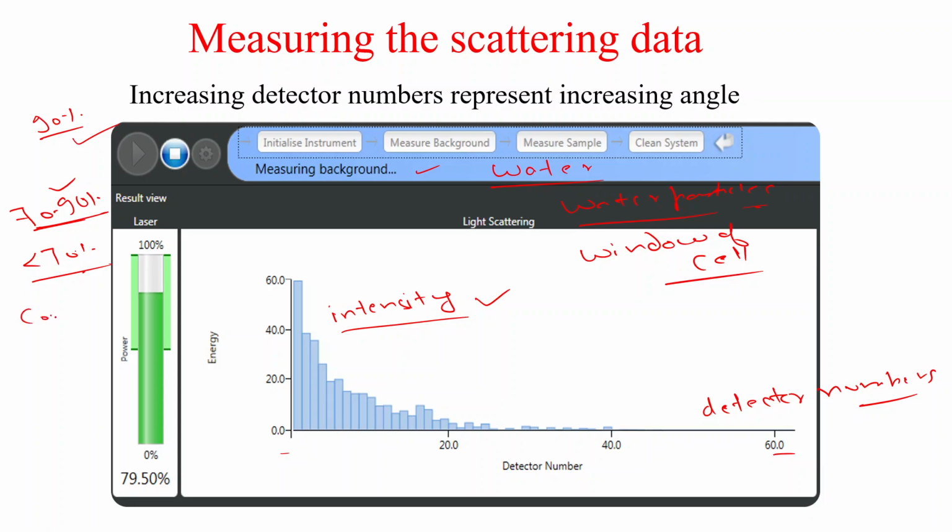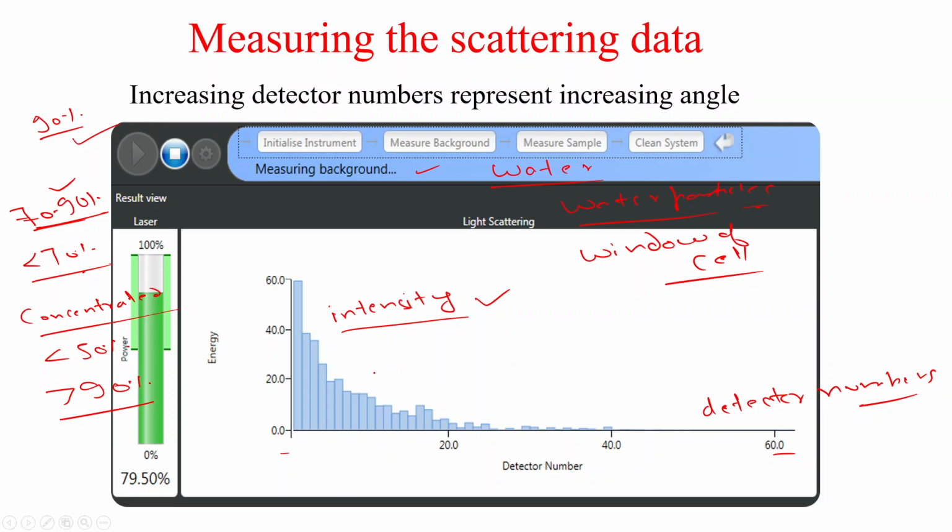Although if the solution is more concentrated, we can keep it even less than 50%, and if the solution is more diluted, we can increase the intensity to 90%, so we have to optimize. Otherwise, for most samples we keep the laser power at 70 to 90%, so as not to saturate the detector and also to have sufficient intensity of the scattered light in the instrument.